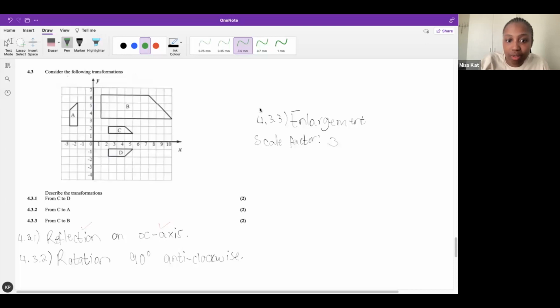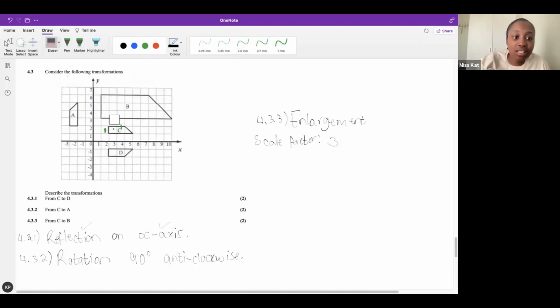The length of going from 1 to 2 is 1 unit. Now let's look at B. It's 1, 2, 3 units. That means they took this 1 unit and multiplied it by 3. And if you check all the sides, that's exactly what they did. The one at the top is 1, 2. Here it's 1, 2, 3, 4, 5, 6. So that means it's been multiplied by 3. So then your scale factor is 3.